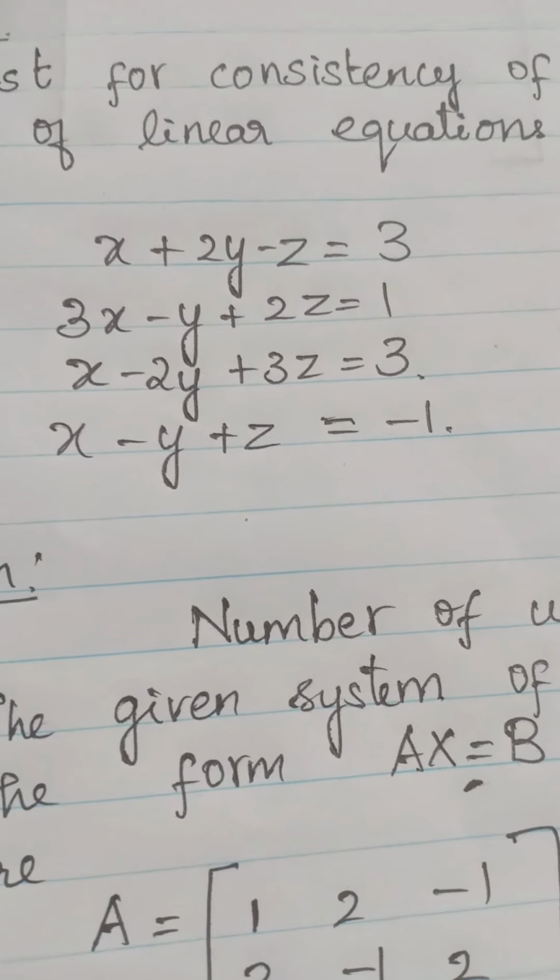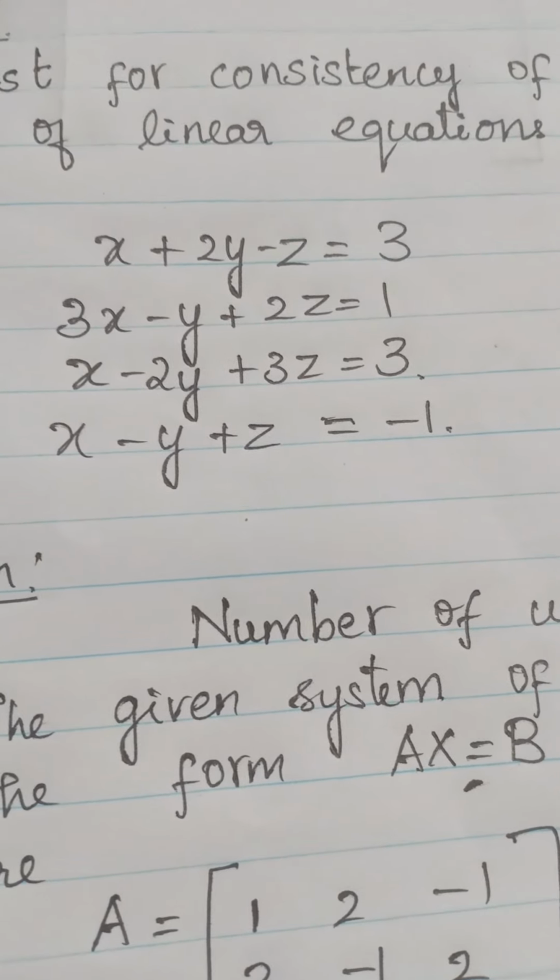Now if I see the third row and the fourth row, if I multiply this minus 4 into minus 2, I am getting this. Minus 16 into minus 2 gives 32. These both are multiples of each other. Again I have to do the operation to bring it to the echelon form.